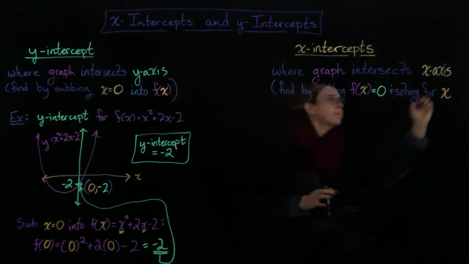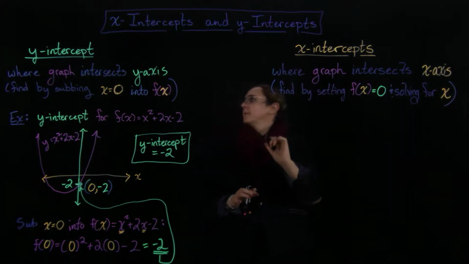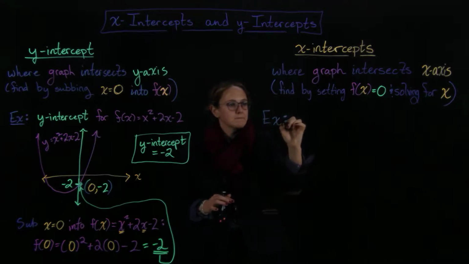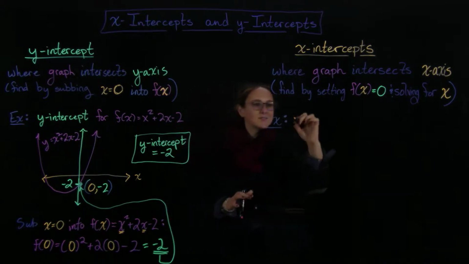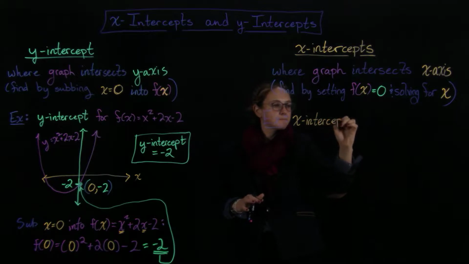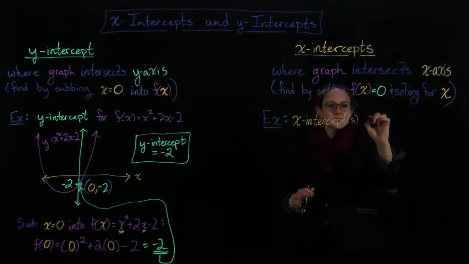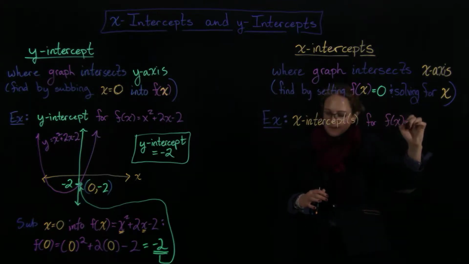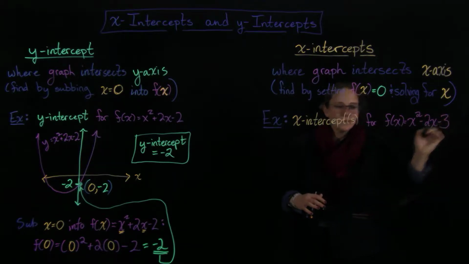So here we go. Example. We're looking for the x-intercepts, and we are using a slightly different function. So we have f of x equals x squared minus 2x minus 3.